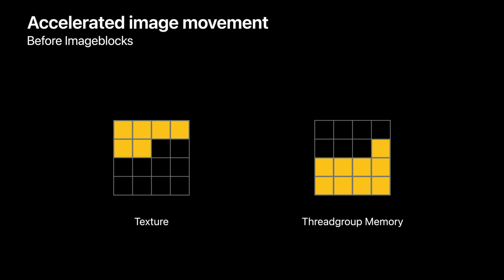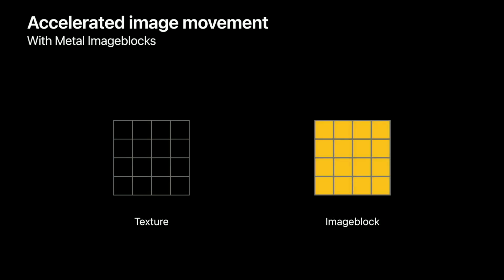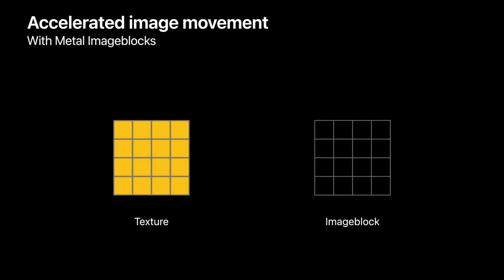But the GPU didn't understand that you were operating on image data. You also had to store the texture one pixel at a time. With image blocks, you can load and store image data using a single operation. This is much more efficient. So far, so good. But the image block makes more sense when we talk about tile shading.